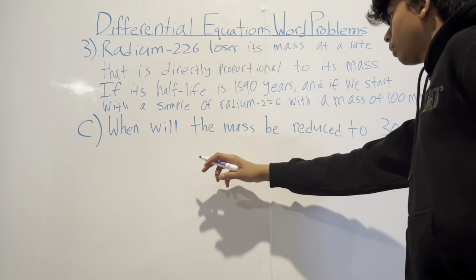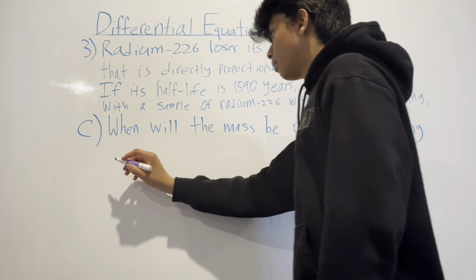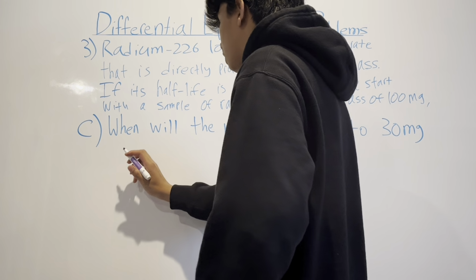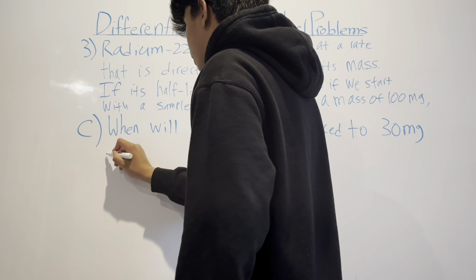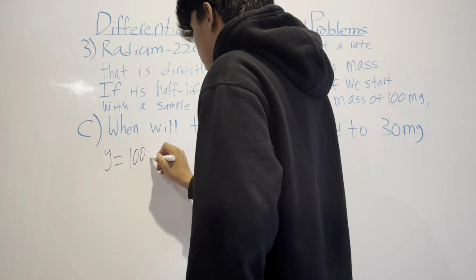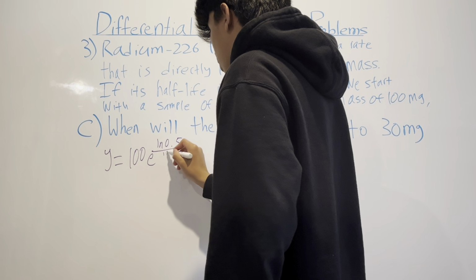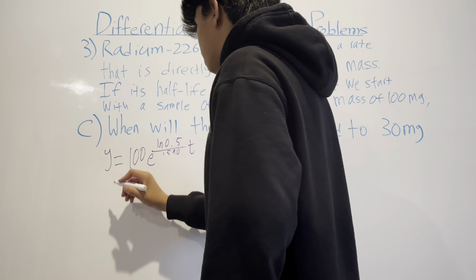Part C, we have when will the mass be reduced to 30 milligrams? So basically, instead of being given the time, we're given the mass, and we have to find how long it will take to get to 30 milligrams. So from y equals 100 e to the ln 0.5 over 1590 t, we basically have to replace y with 30.